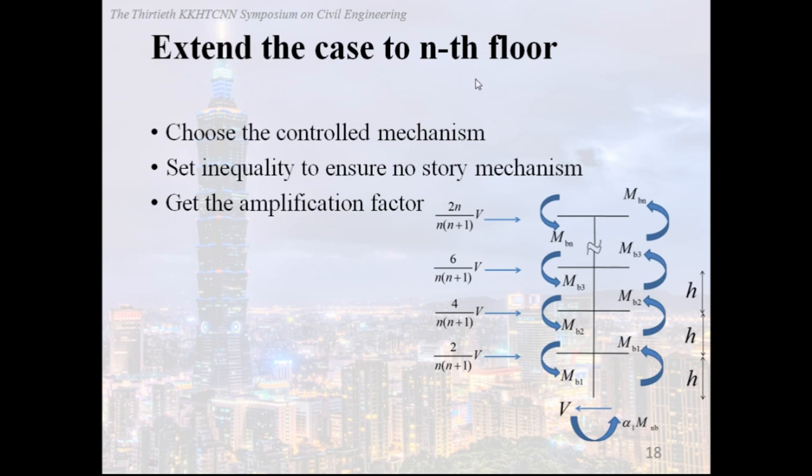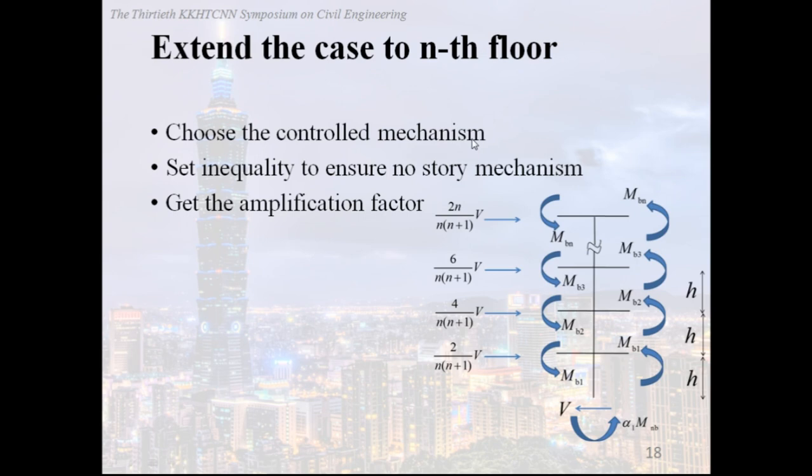Extend the case to nth floor. We sum up the steps to find the amplification alpha in different floors. So here are some steps. Step 1 is choose the controlled mechanism.